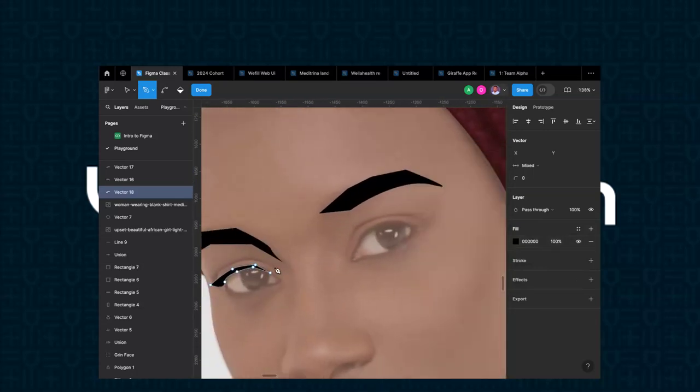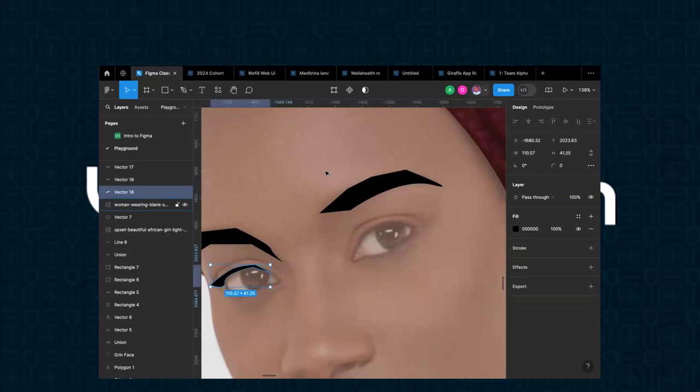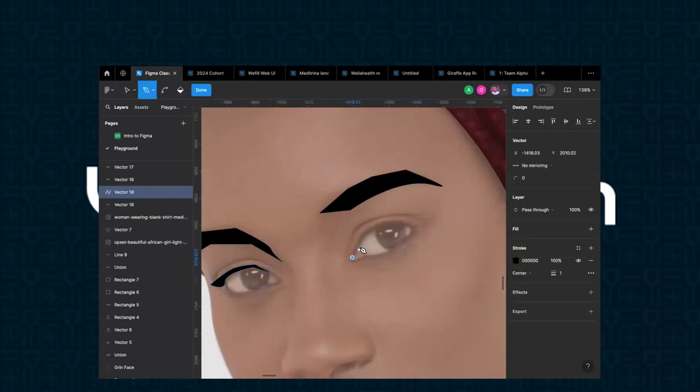Okay. Escape so that they are not joined. P again. The same thing here. Curve. That's click and drag. So curve. I can still come back to it anyway.